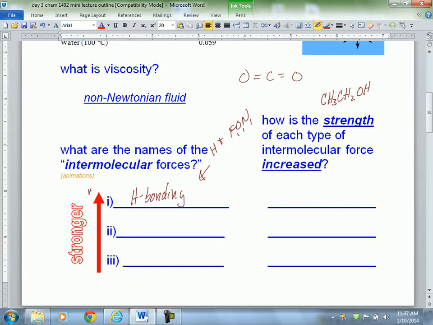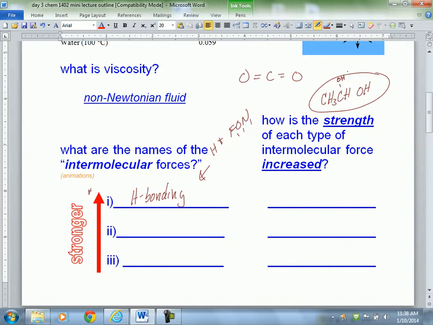Ethanol. Okay. Does this molecule exhibit hydrogen bonding? Yes, it does, right? Because what do you see? The hydrogens. O and H. Okay, so it has to have hydrogen bonding. I'm going to change this molecule a little bit. Does this molecule exhibit hydrogen bonding?